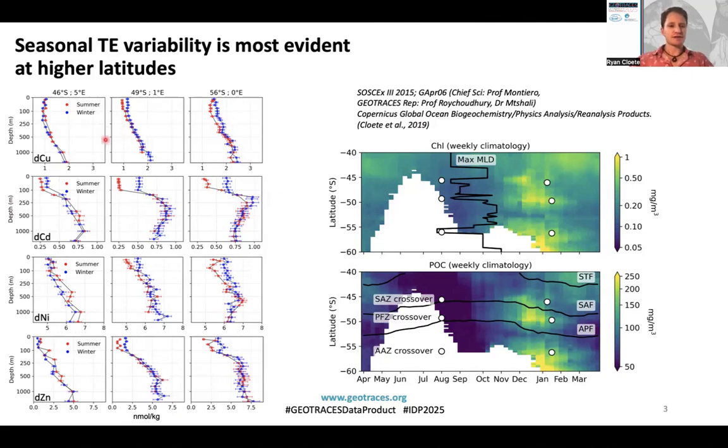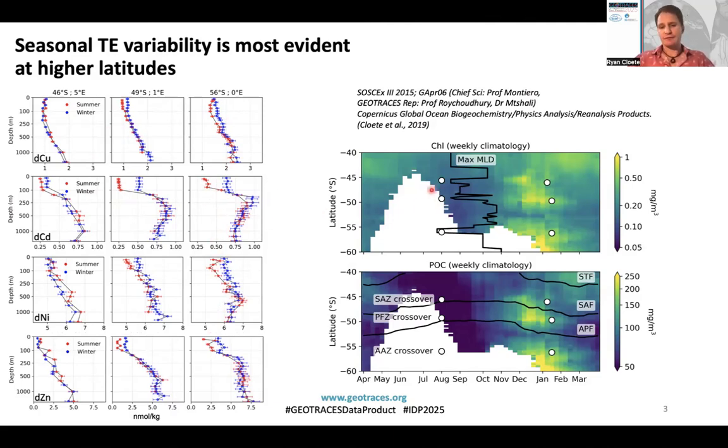And really what we see from these plots is that as we move into the higher latitudes, the seasonal signal in the surface really becomes more pronounced and more evident, whereas below in the subsurface, the seasonal signal is negligible, as we would expect, where water mass mixing is dominating the annual cycle.